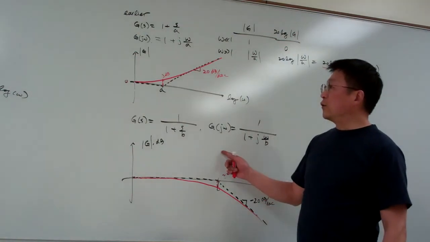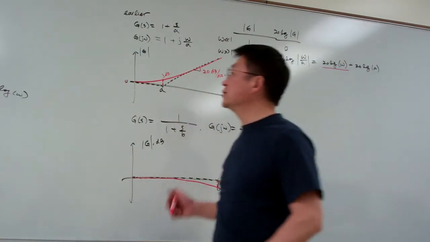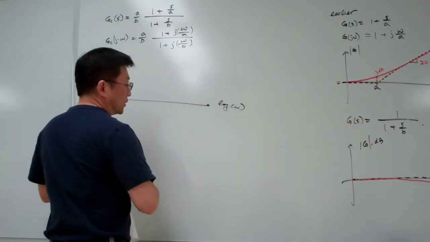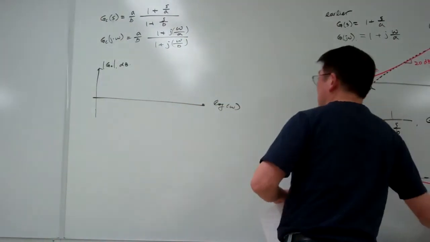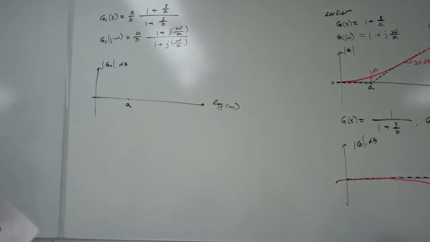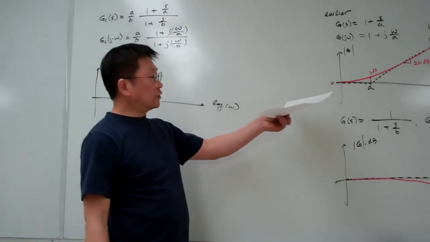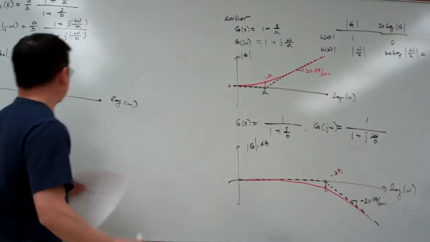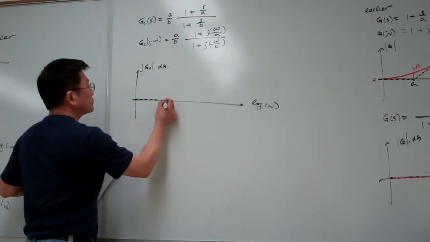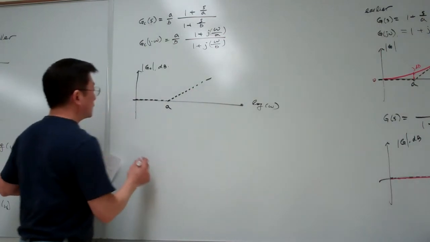Okay, so for this case, we can compose the 2 things together. So here for this case, our example here, A is less than B. So here we choose A is here. And at the lower frequencies, the information is governed by these features. So you can have the asymptotes being drawn like this, okay?